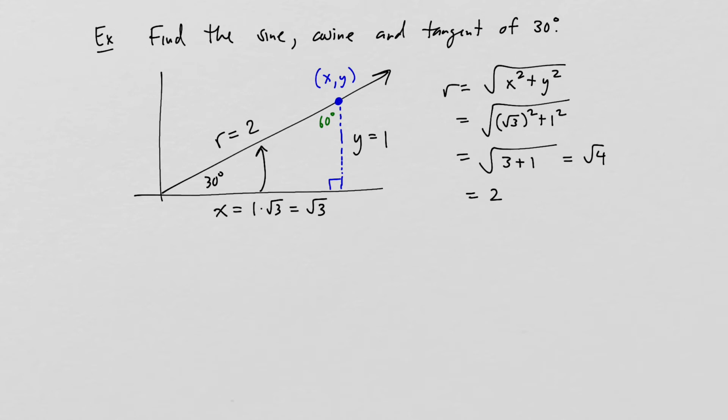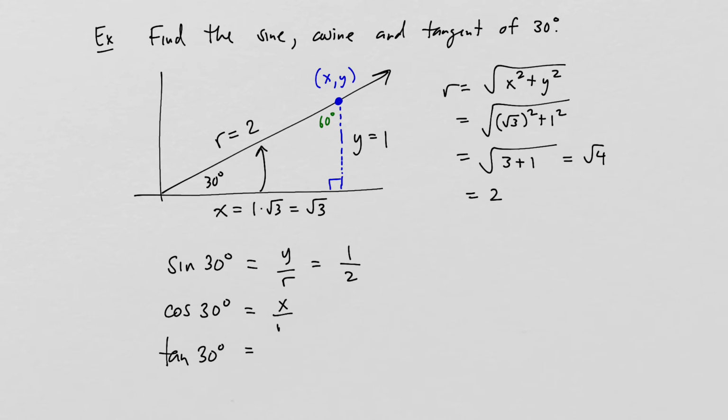Now, once we know these values, we can easily find the sine of 30 degrees, the cosine of 30 degrees, and the tangent of 30 degrees. We just need to remember our definitions. So sine is y divided by r, y is 1, r is 2, so that's going to be 1/2.